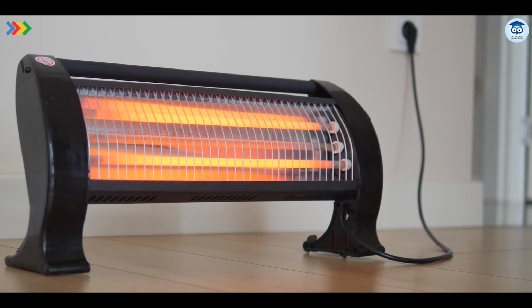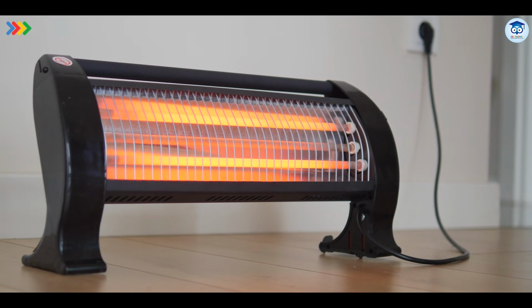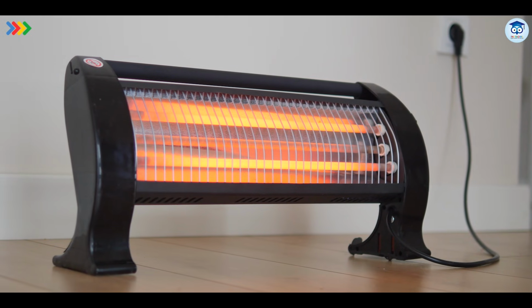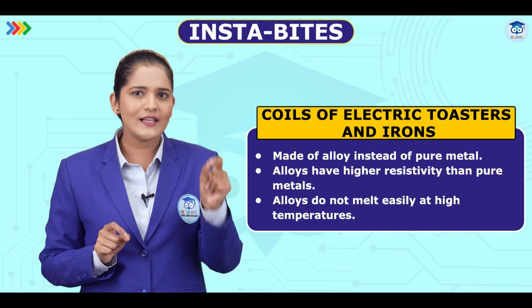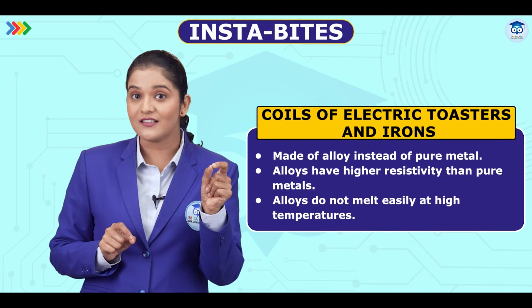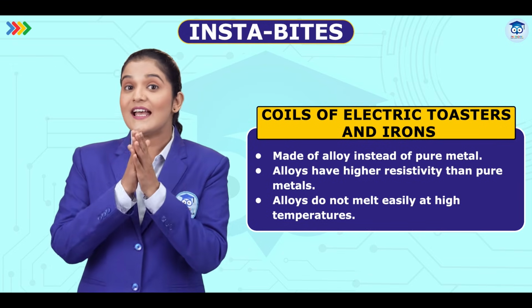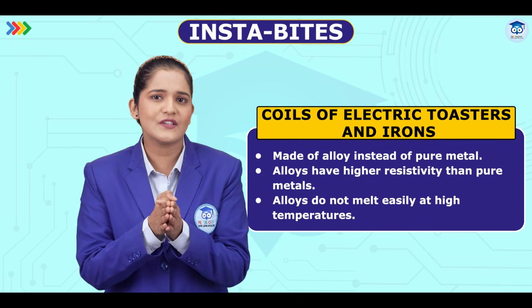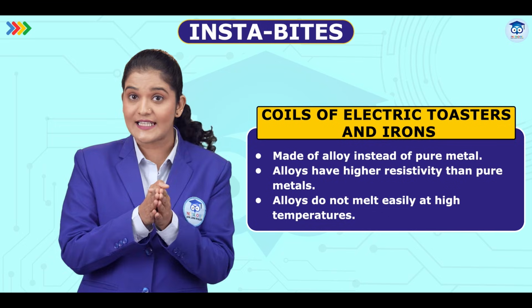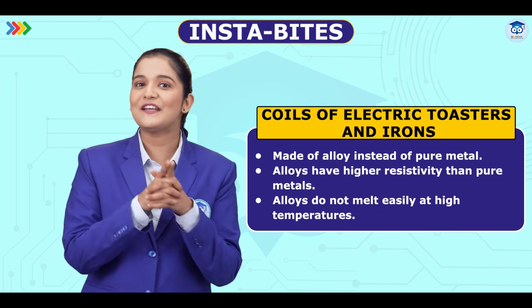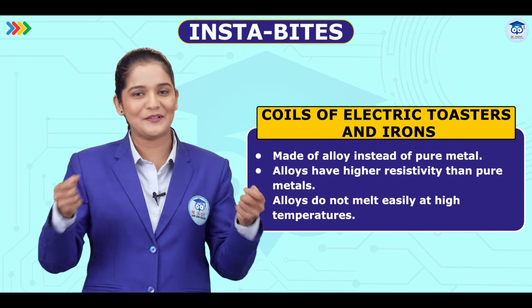Meanwhile, the connecting cord, made of low resistance materials like copper or aluminium, remains cool. Similarly, the coils in electric toasters and irons are made of alloys instead of pure metals, as alloys have higher resistivity and do not melt easily at high temperatures, ensuring both safety and efficiency in high heat applications.